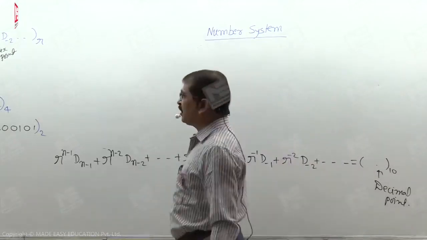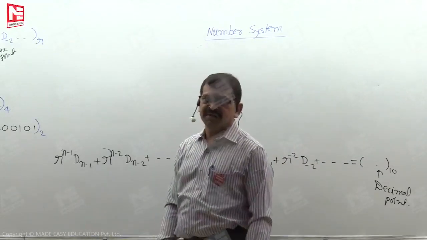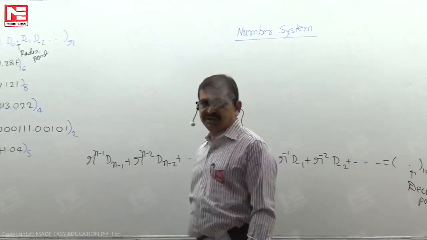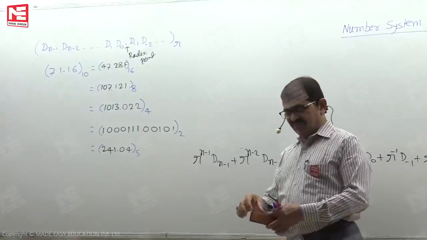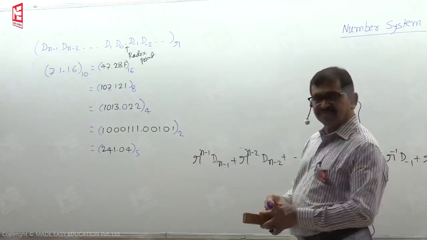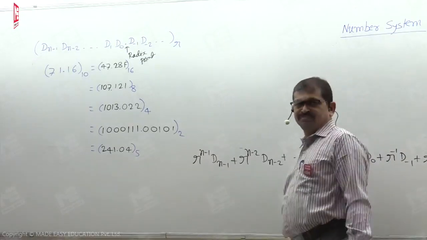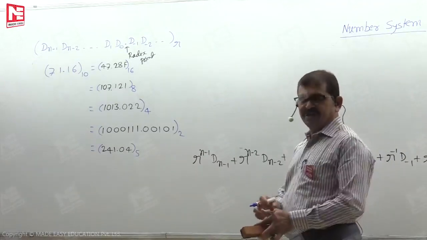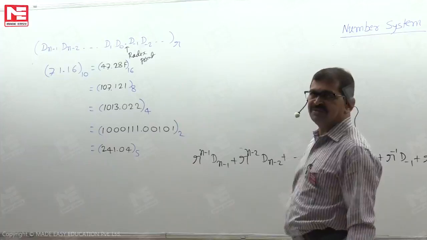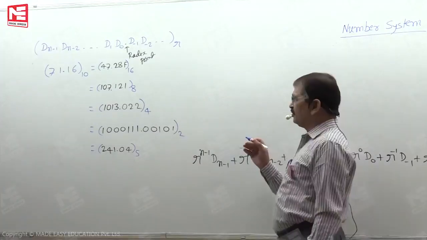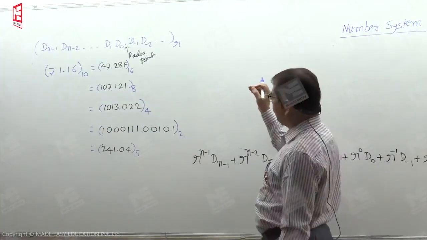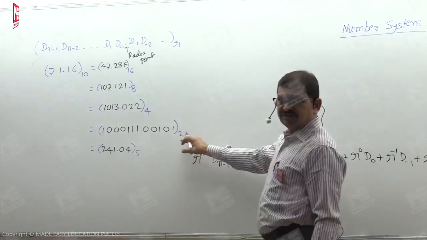So this is the generalized procedure for converting the given decimal number to its equivalent radix r number. Most of the time, we will have questions, particularly in GATE papers or any objective type question papers. Some binary number may be given. Say for example, I am referring to the same example.